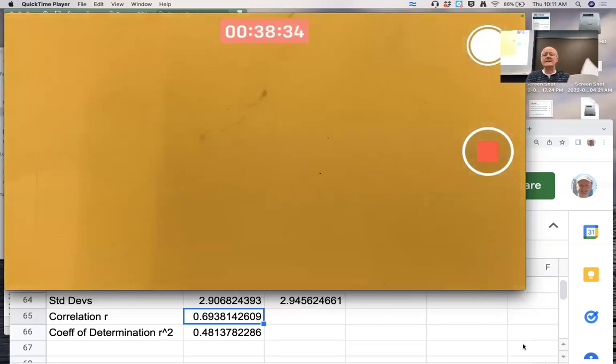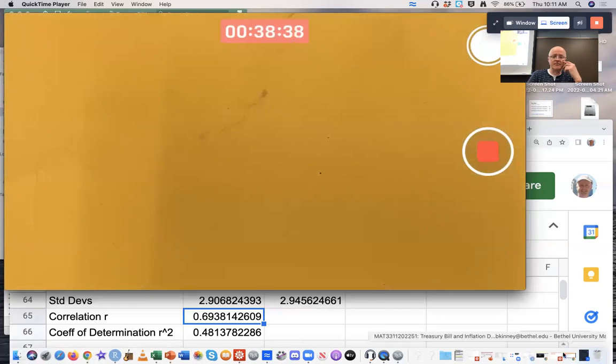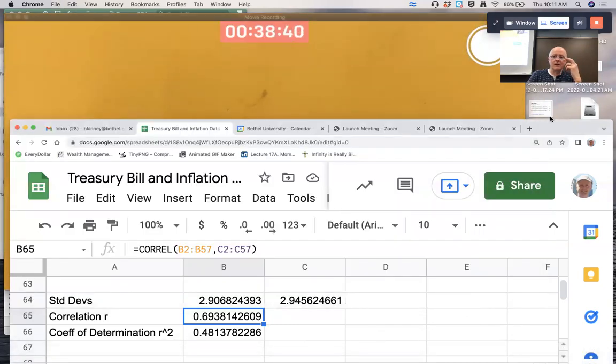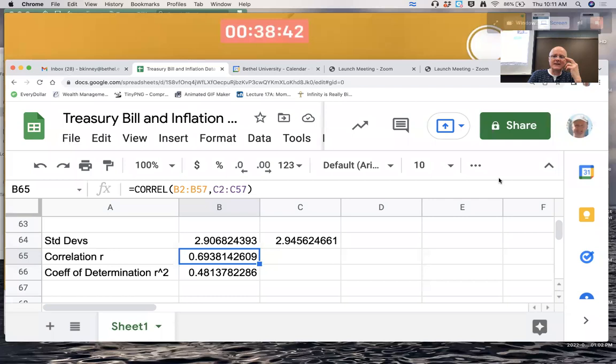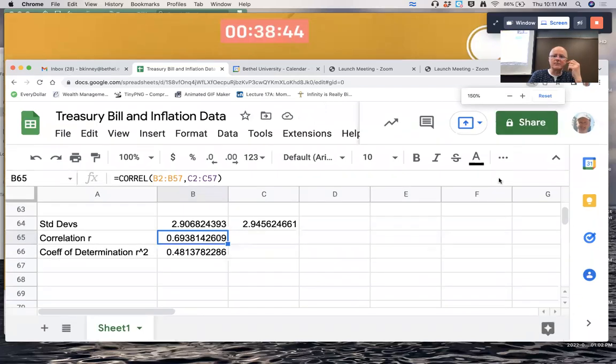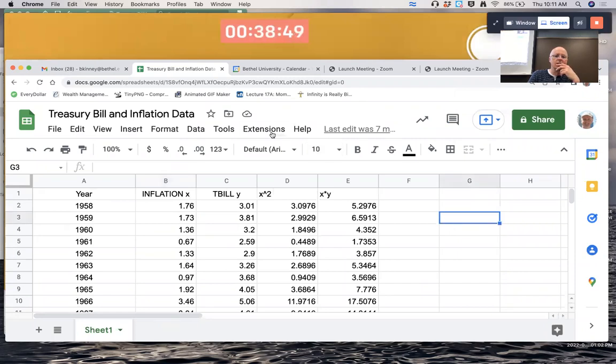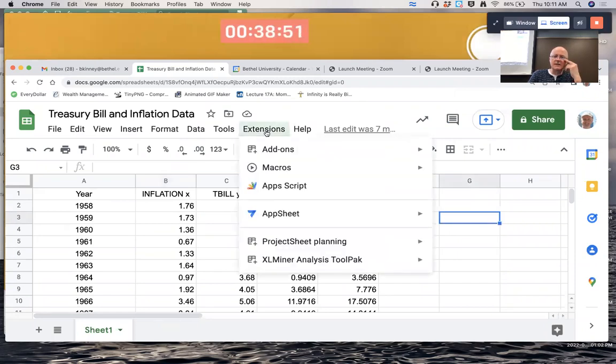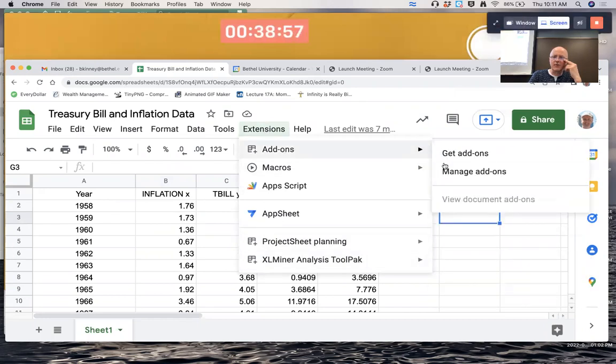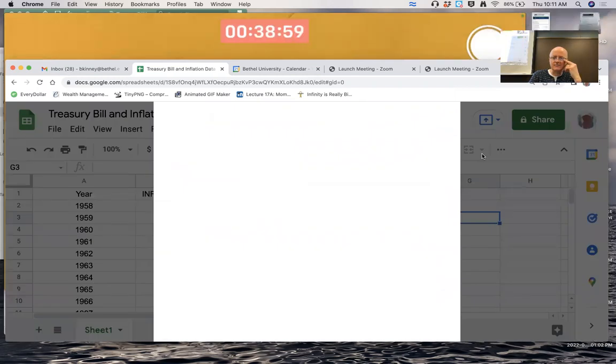Okay, let's now move on to thinking about inference. And let's go ahead and get that XLMiner analysis toolpack output now. If you're in Google Sheets and you don't have XLMiner analysis toolpack, you can search for it by getting add-ons.